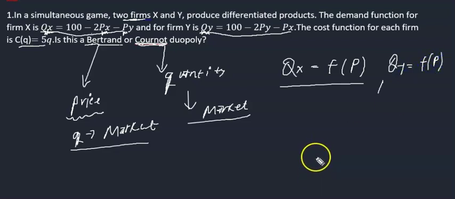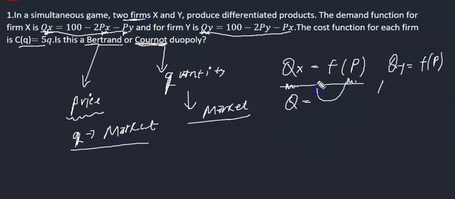So what does this imply? This shows that we are dealing with the direct demand curve, which implies that quantity is given, but price we have to determine.